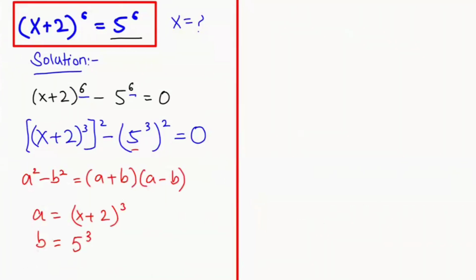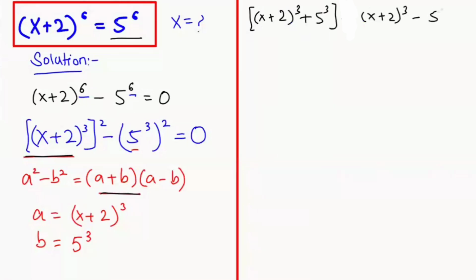Now I am going to write this expression in this form: ((x+2)^3 + 5^3)((x+2)^3 - 5^3) = 0.